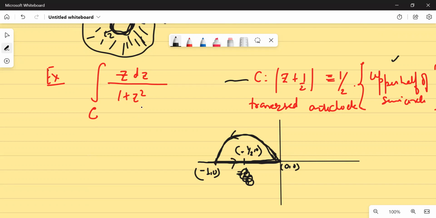Now, clearly understand this particular function has singularities at plus minus iota. Yes or no? I don't think there is an issue here.